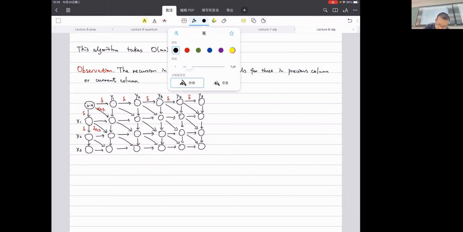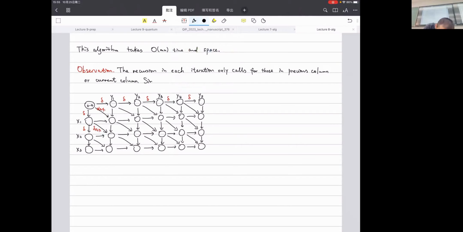Or we can also say similarly, rows in previous rows, only calls for those in previous rows on the current column.